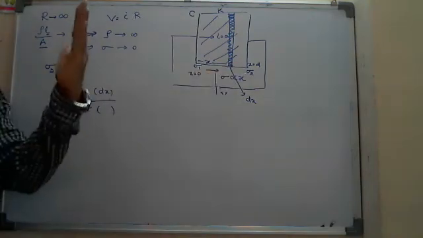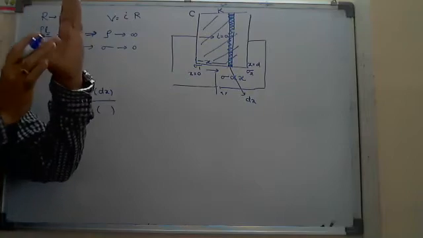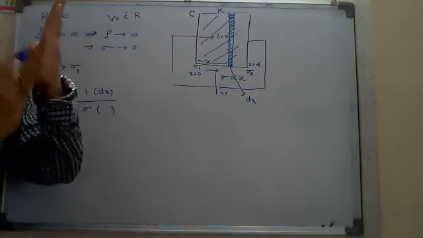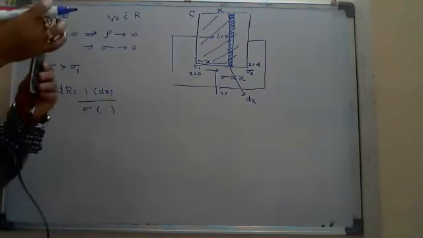Between the plates, you are assuming one element, so consider the area of cross section of that one.